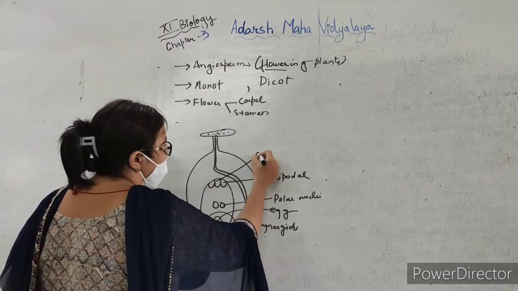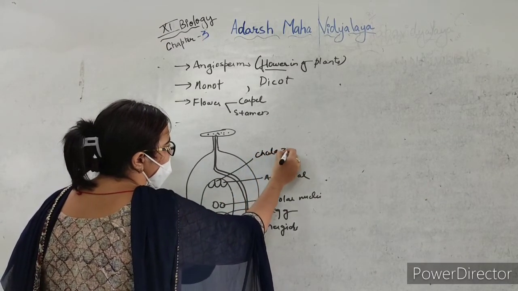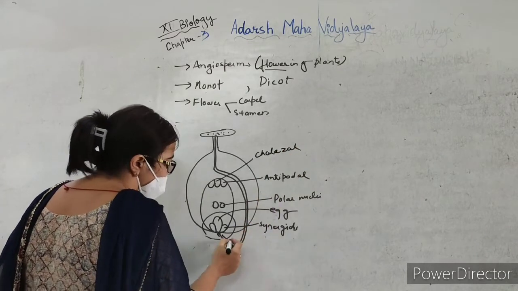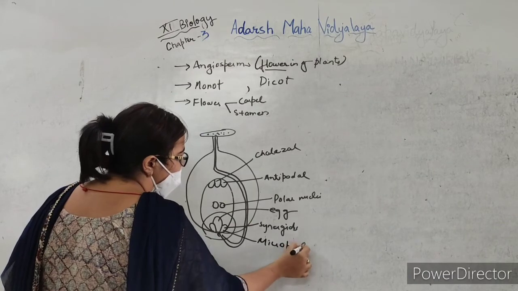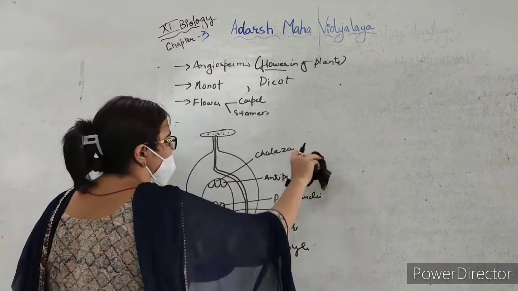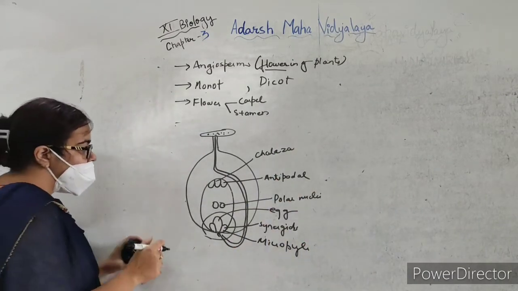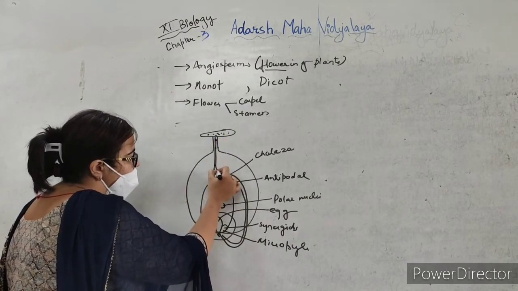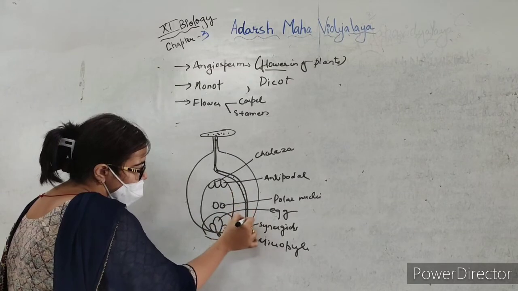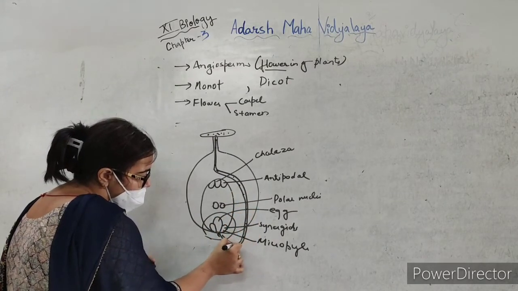This is called the chalazal end, you can call it chalaza, and this is called the micropylar. So our pollen will enter from here.